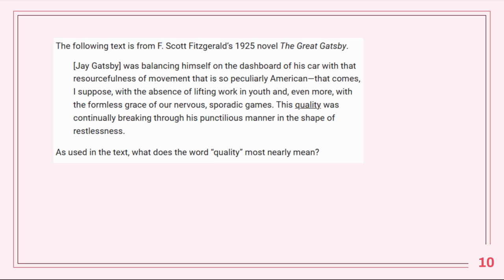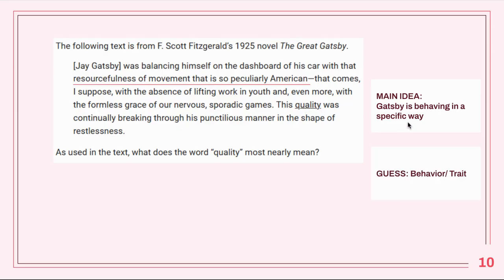So if I'm thinking about manner, I'm definitely talking about how he's behaving. So I'm talking about how Gatsby is behaving in a specific way. And I think manner, I didn't underline it, but manner is going to be your best hint here because manner is like how you behave yourself, right? So we're talking about his manner, how he's behaving. So this quality is kind of like this behavior, this trait.